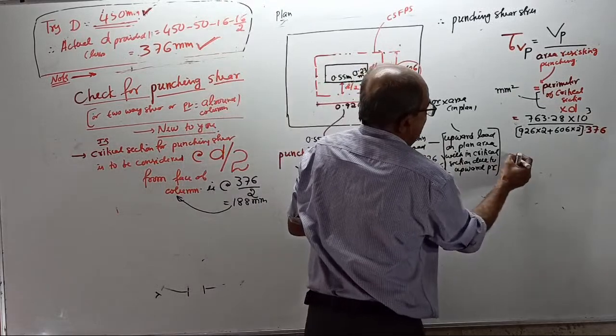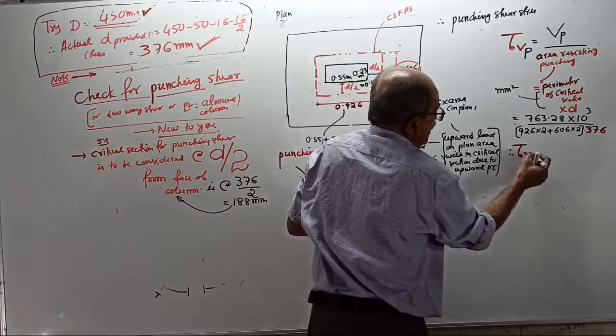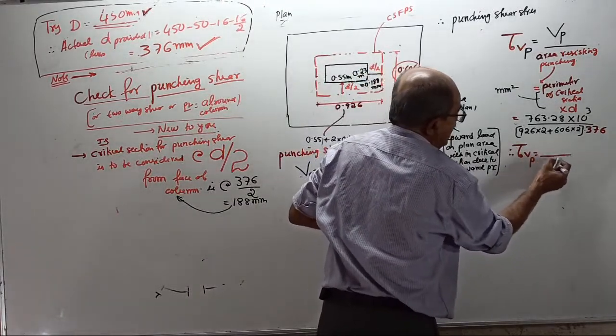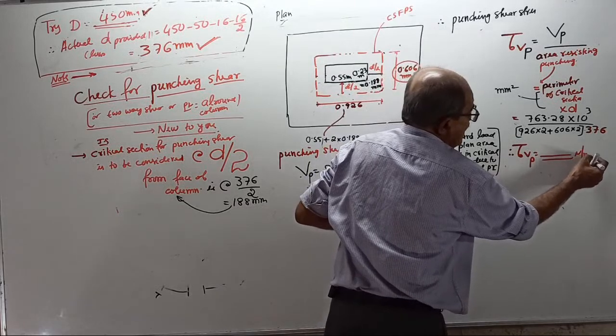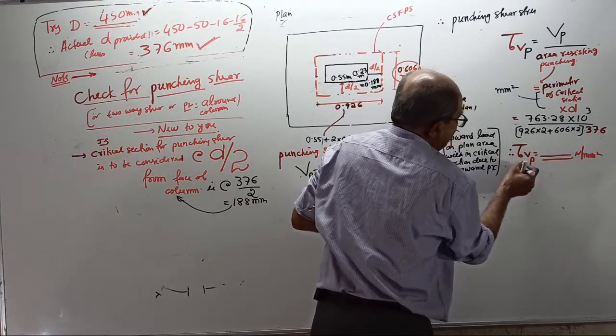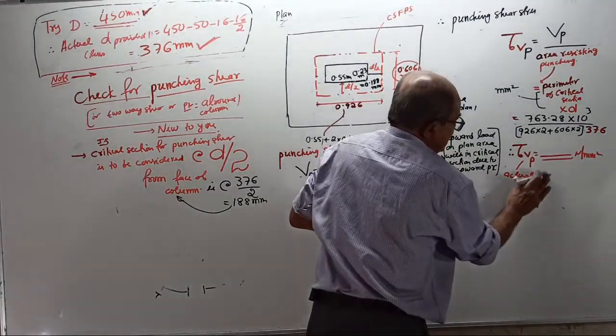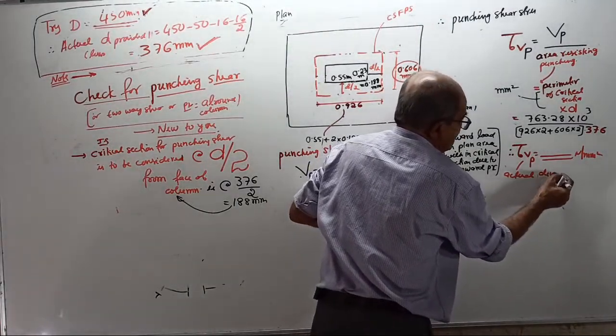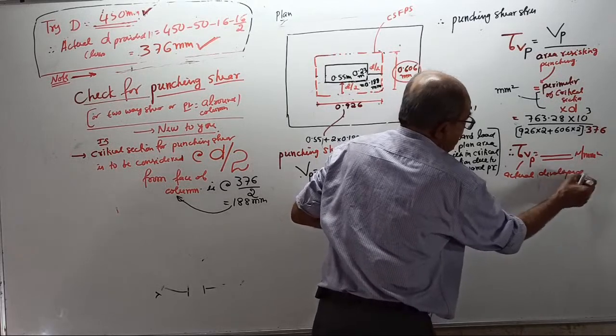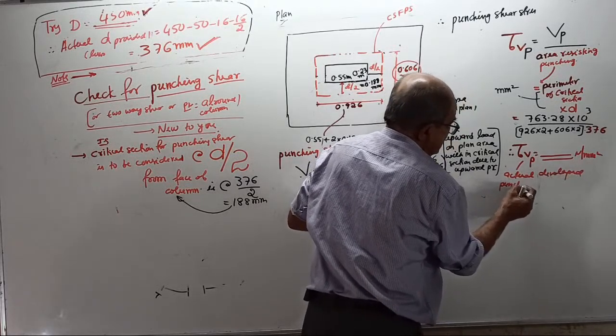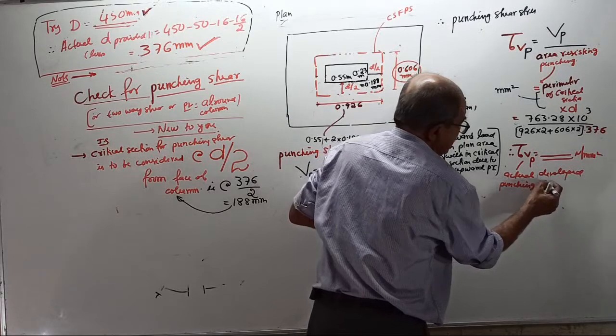Tell me, therefore, what is your shear stress tau Vp in Newton per mm square? This is the actual developed punching shear stress.